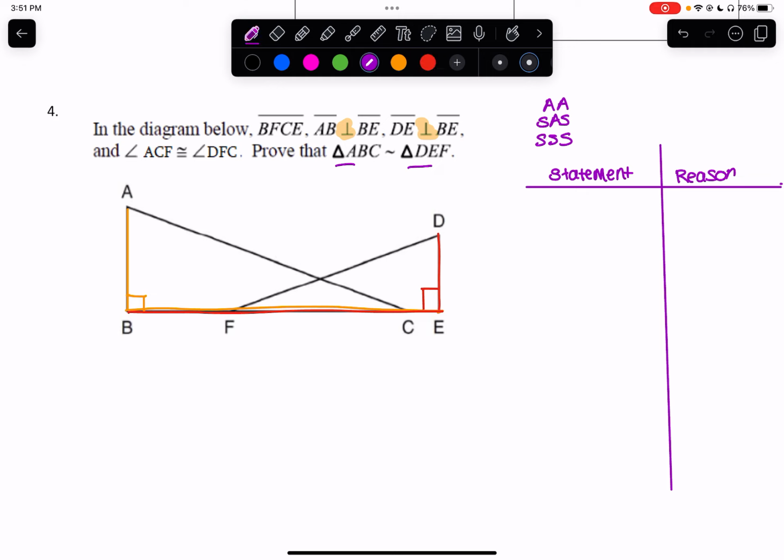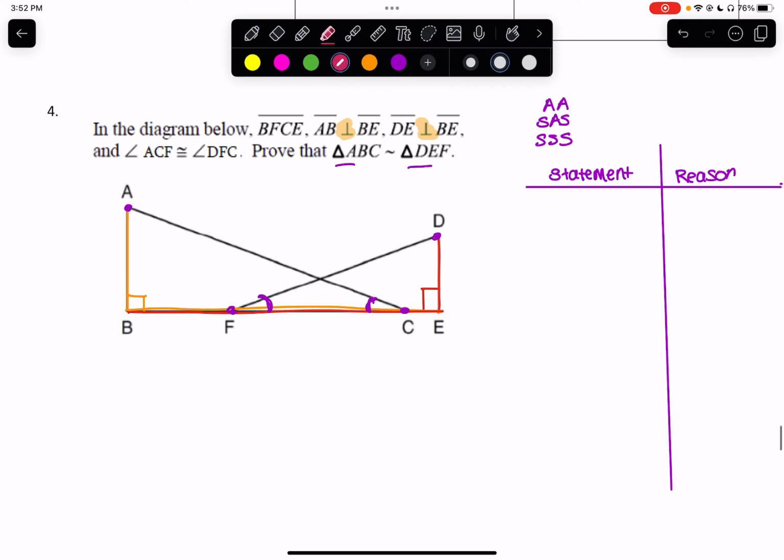And they also give me that angle ACF, so this guy, and angle DFC, so this guy, are congruent. Prove that triangle ABC and DEF are similar.